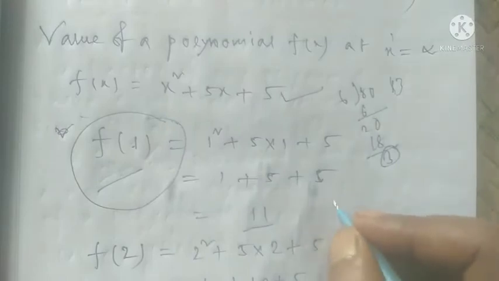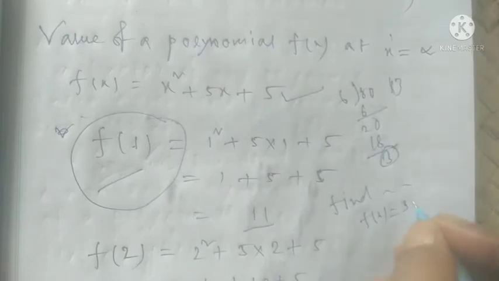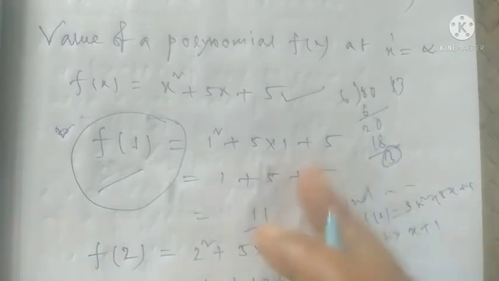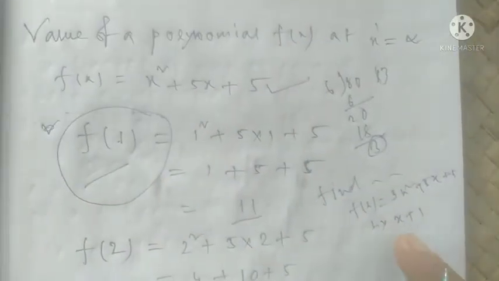Suppose you are finding the remainder when f of x equal to 3x square plus 5x plus 1 is divided by x plus 1. Okay, so how do we find the remainder without the division method?